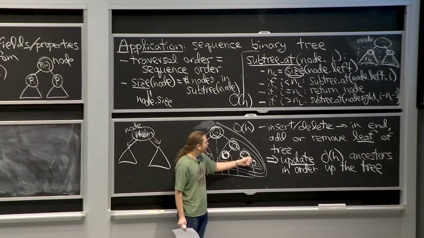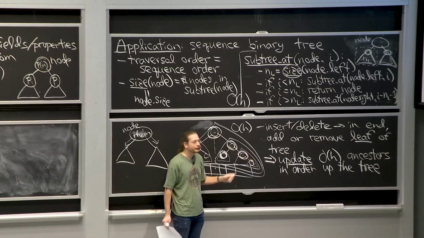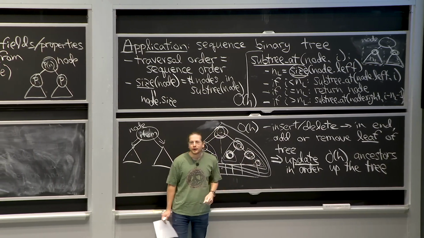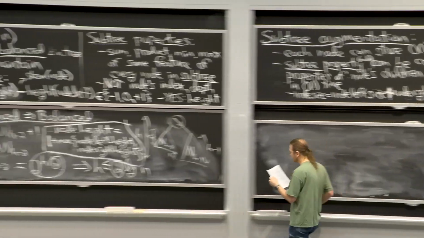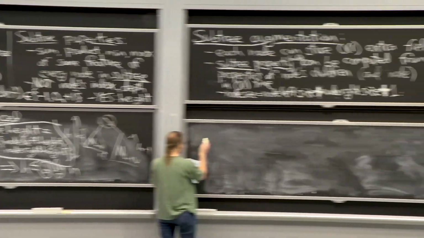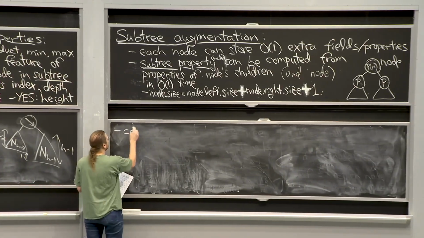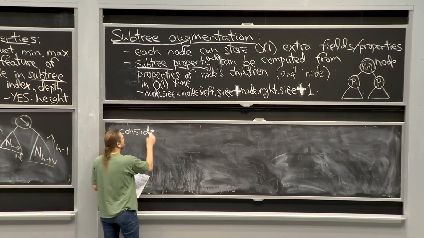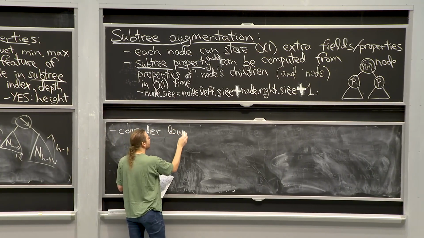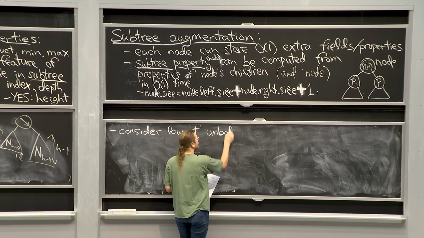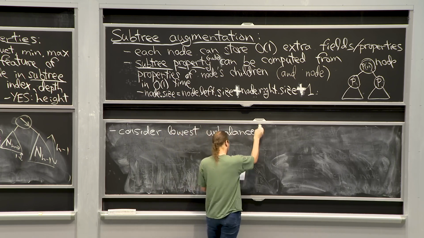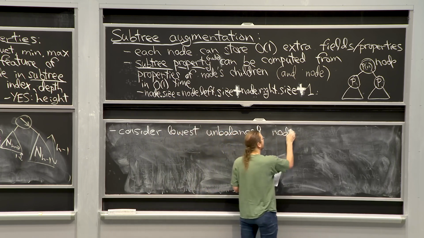So what I want to do is check all of these ancestor nodes in sequence from bottom up and find one that's out of balance. So let's take the lowest out of balance node, and I'm going to call that x.